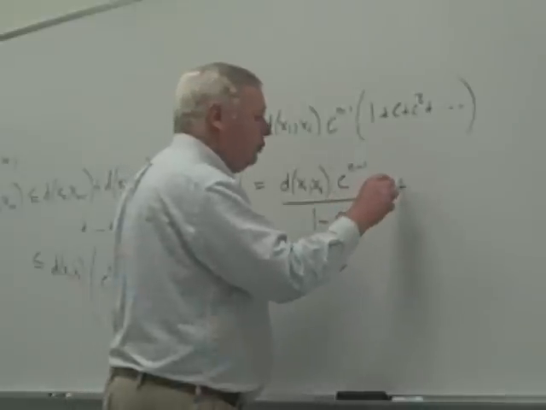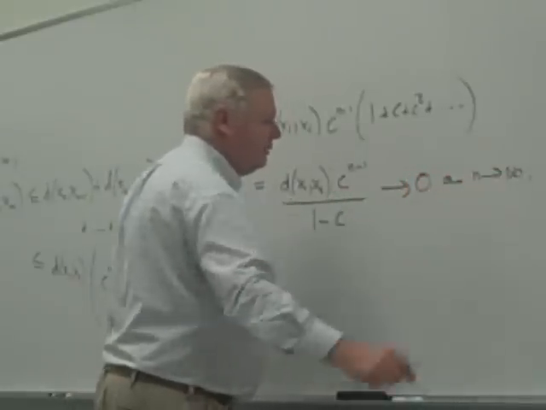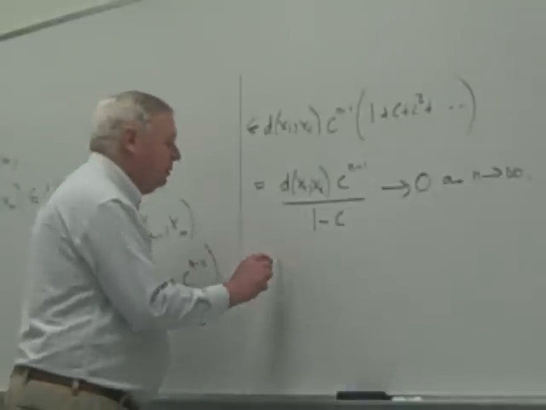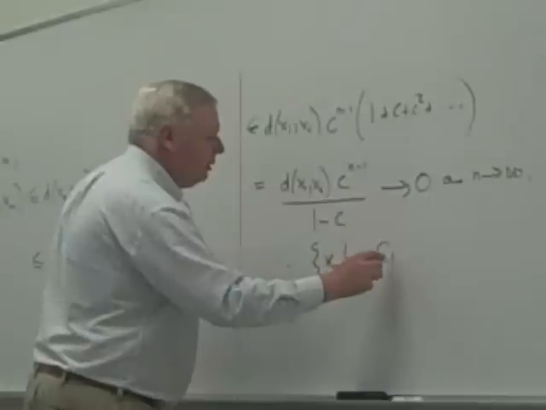And this goes to 0 as n goes to infinity. So far enough out, any 2 points in this sequence will be arbitrarily close together. So therefore, the sequence xn is Cauchy.